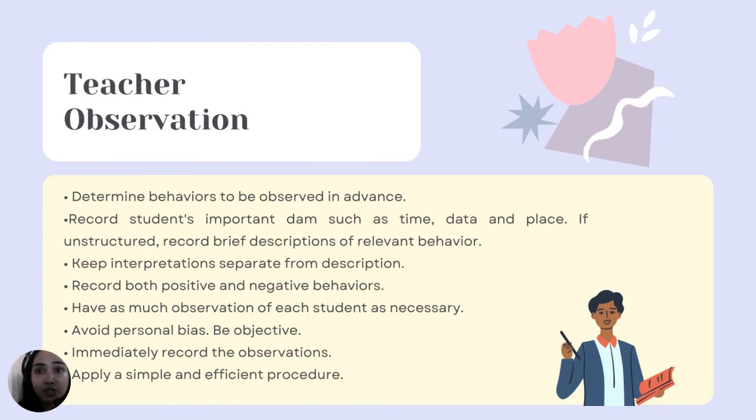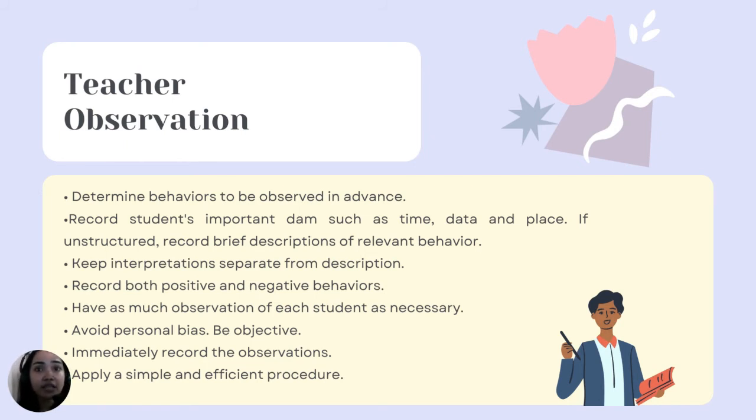First, determine behaviors to be observed in advance. Second is to record students' important data such as time, date, and place. Third is, if unstructured, record brief descriptions of relevant behaviors. Fourth is keep interpretation separate from description. Fifth is to record both positive and negative behaviors.